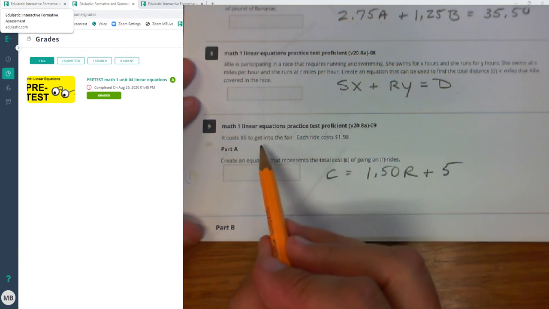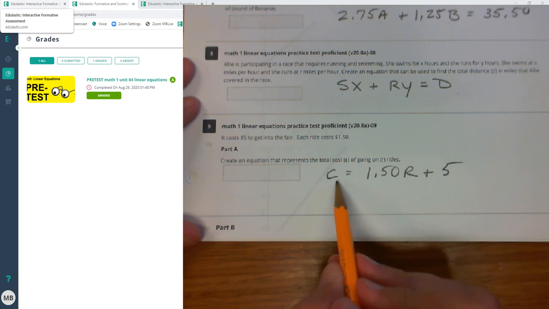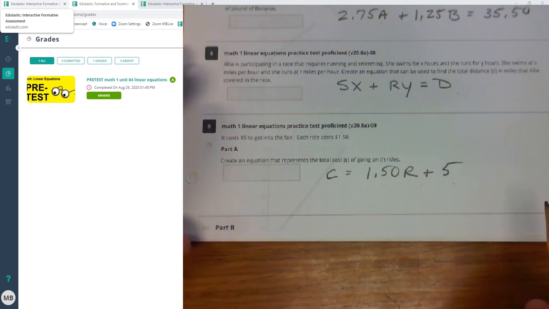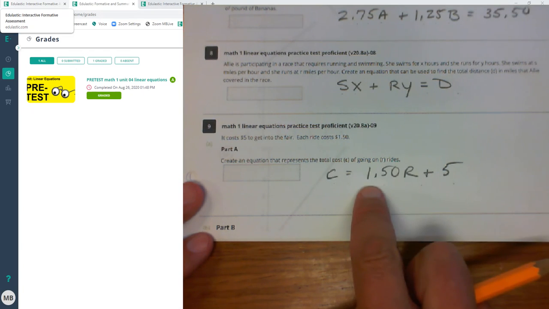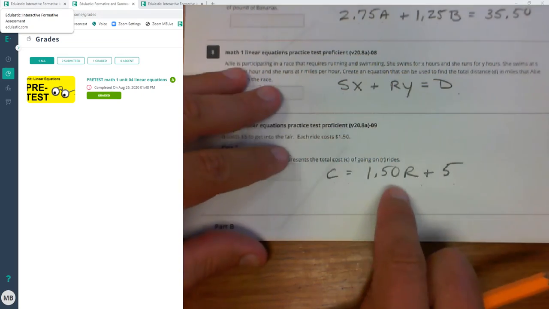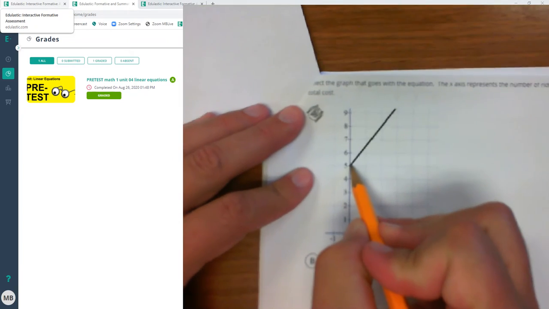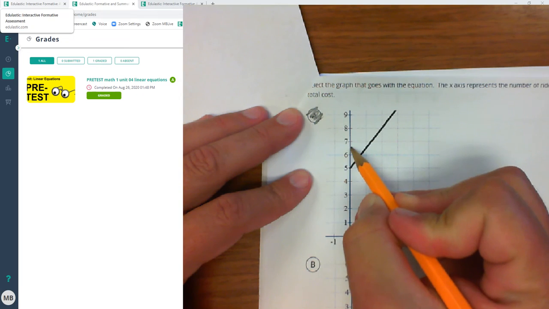It costs $5 to get into the fair, and each ride costs $1.50. So total cost equals $1.50 times the number of rides plus $5 to get in. If I'm going to graph this, I start at 5 and go up 1.5 and over 1. So let's find the graph that matches this. Start at 5, go up 1.5 over 1.